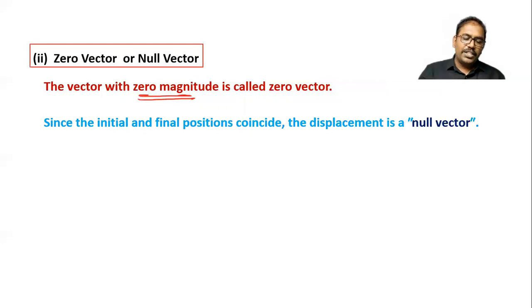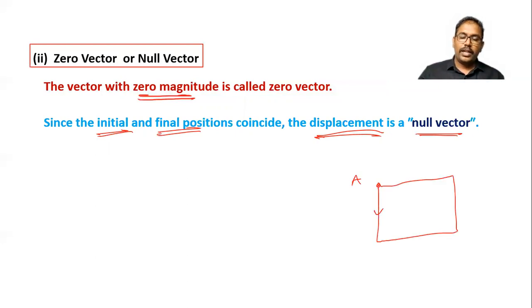If a person starts at A, moves in this direction, goes again to this point, and comes back to position A, then the displacement is 0. Displacement is a zero vector because displacement is a vector quantity.